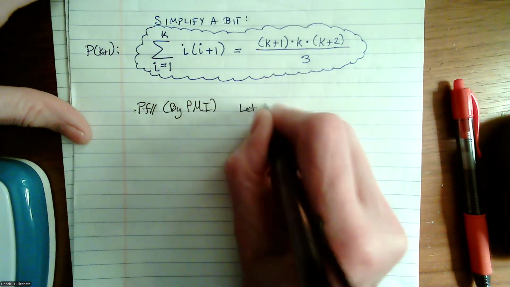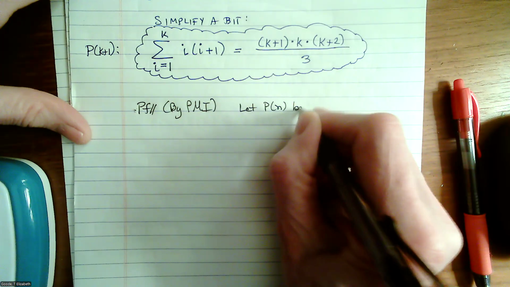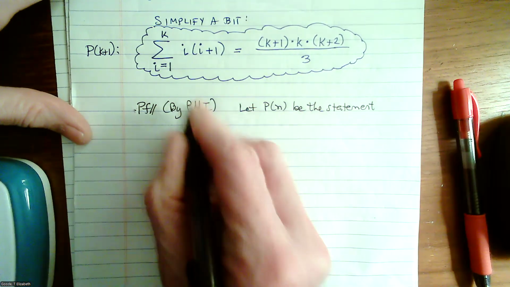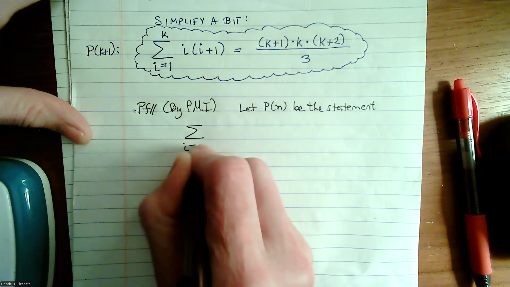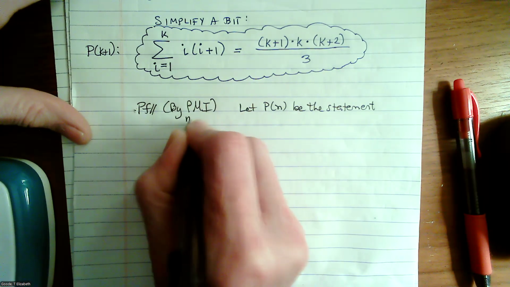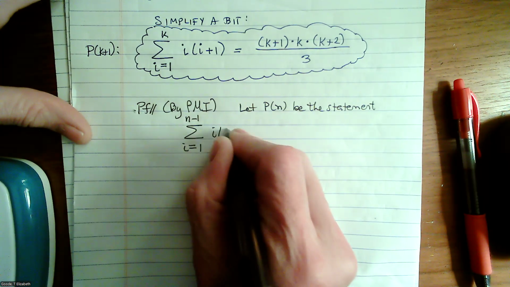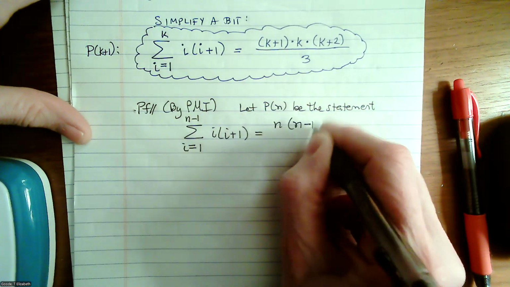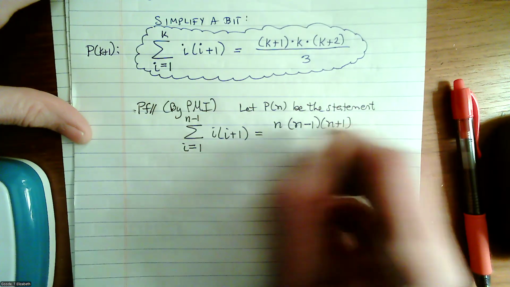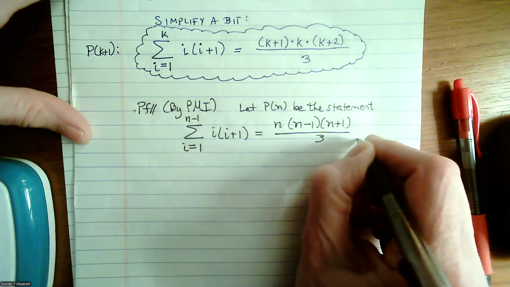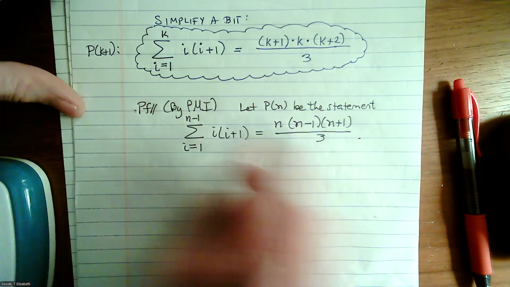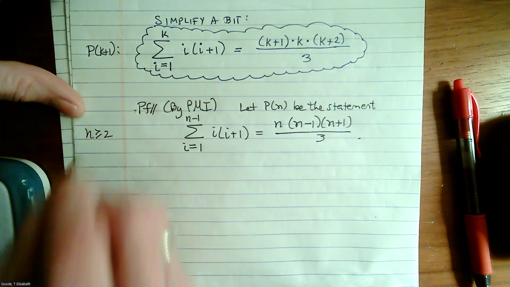And we would just say, let P of n be the statement that the sum from i equals 1 to n minus 1 of i times (i plus 1) is n times (n minus 1) times (n plus 1) over 3. And we're going to prove it for n greater than or equal to 2. That's what we're told to do.